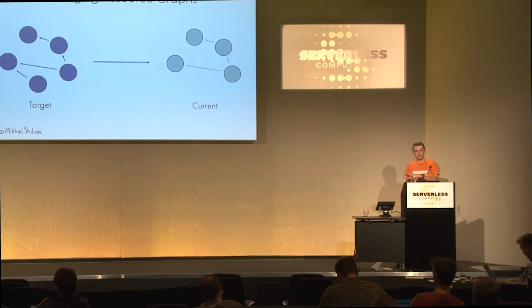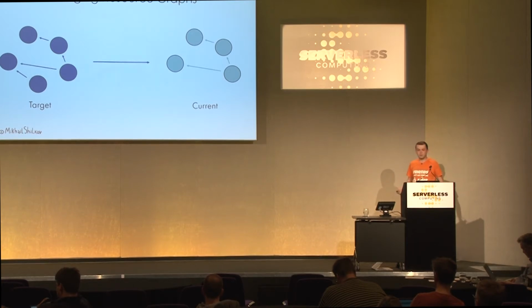And second, it should be able to take any current state and any description of the target graph and morph the current state, apply all the required changes, so that they do not diverge, so that they look the same.